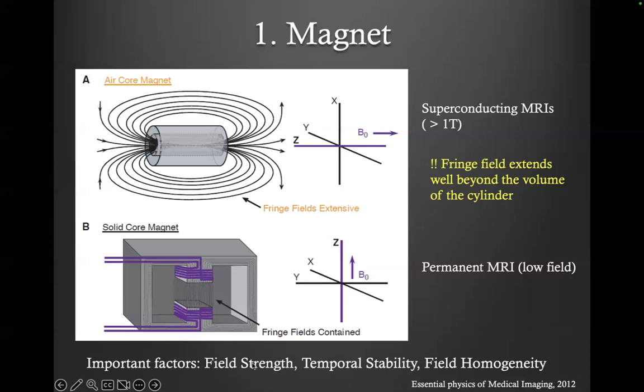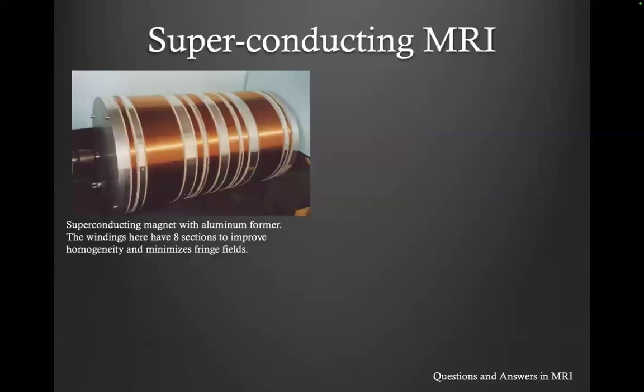And then important factors, of course, are your field strength, your temporal stability, your field homogeneity, and so on and so forth. The reason why MRI is so expensive is that it's hard to maintain all these factors. We use superconducting wires to create this magnetic field.